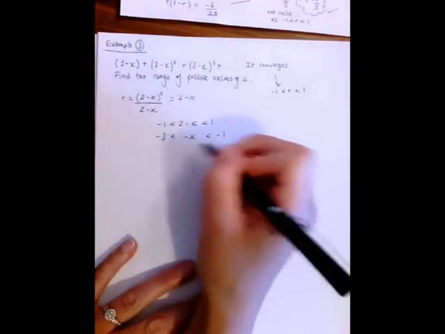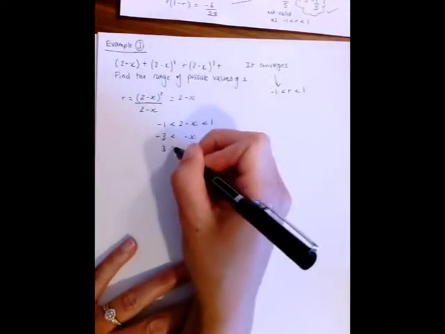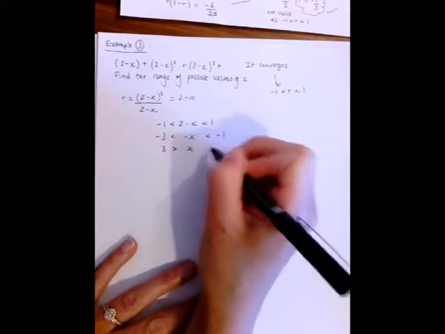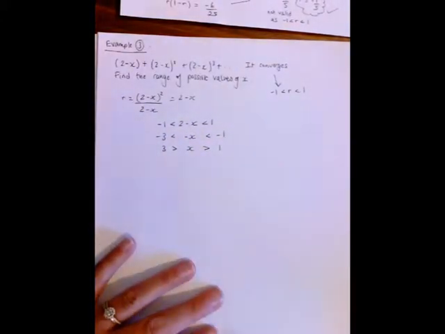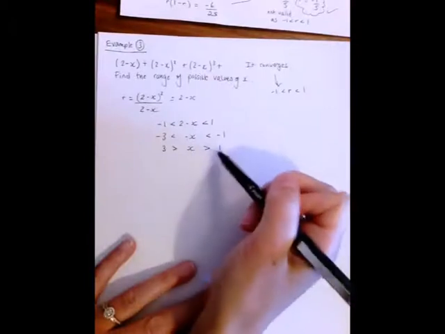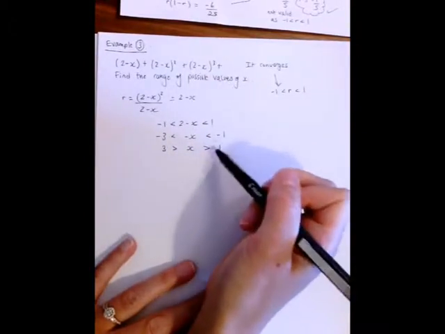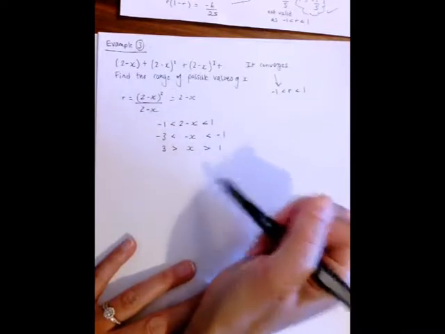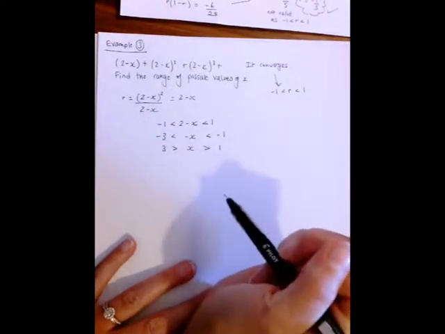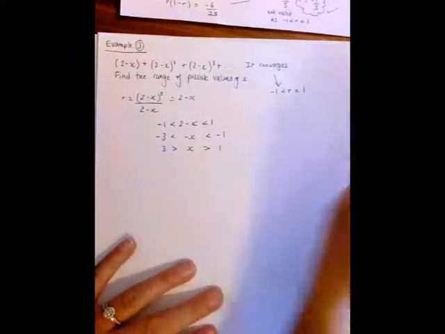So they change to be the opposite direction. So we actually have 3 greater than x greater than 1, like so. So this is telling us that x could be anything bigger than 1 and less than 3. So it could be 2, but it could also be all the values in between, so decimals and things like that. Okay, now you should be able to try exercise 4G.